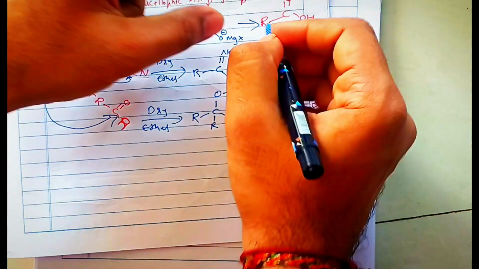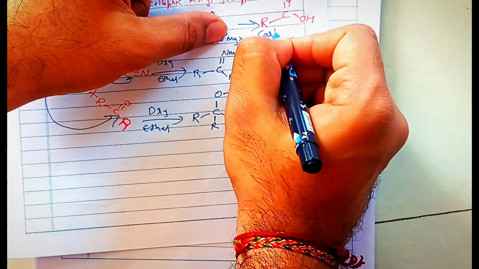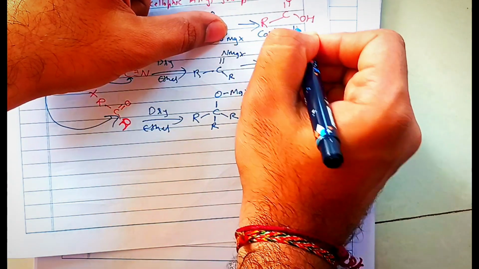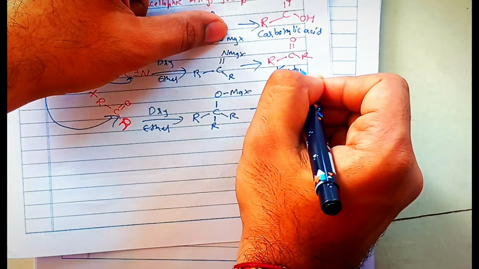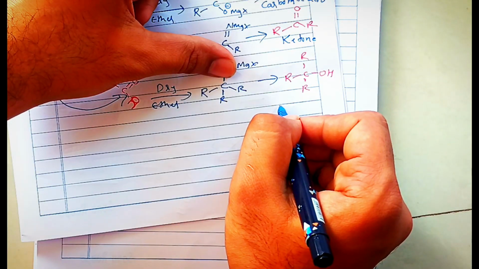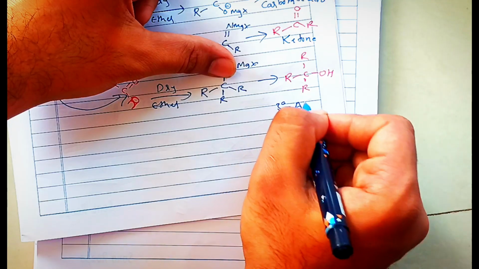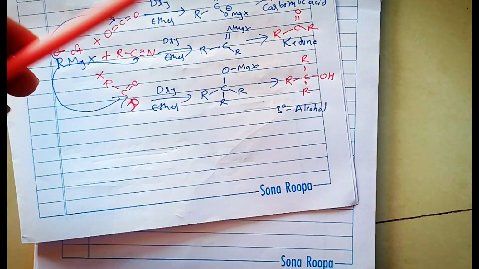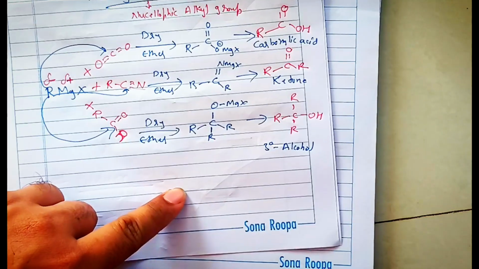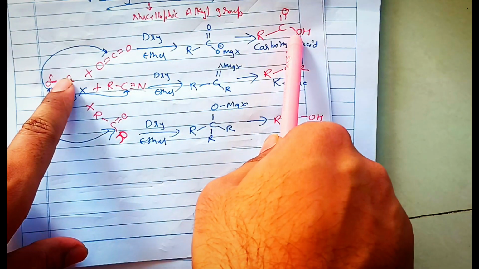So here the product will be carboxylic acid, here the product will be ketone, and here the product will be tertiary alcohol.